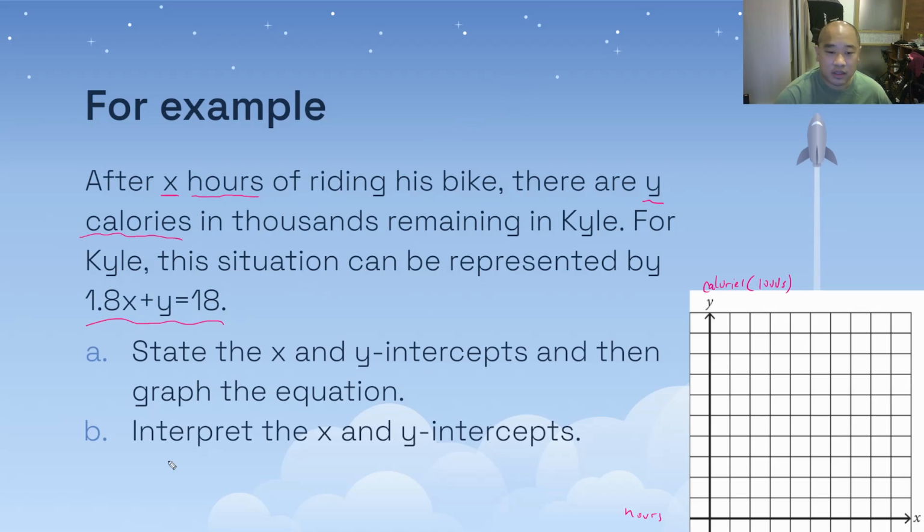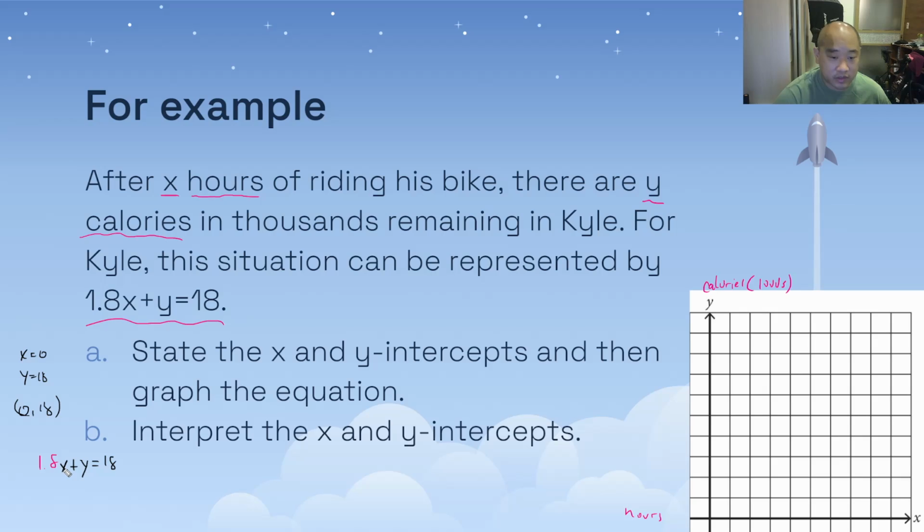So, man, we don't have a lot of room to work here, huh? 1.8x plus y equals 18. So first we'll put x equals 0 first. So that would be y equals 18. So 0, 18, right?